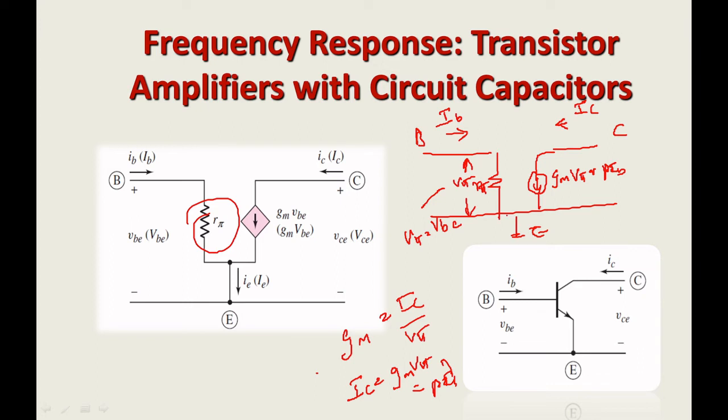So this input drop is your VB, and this part is your VC. This is without early effect, that means I am taking R0 as infinity and treating it as an open circuit in the small signal part.